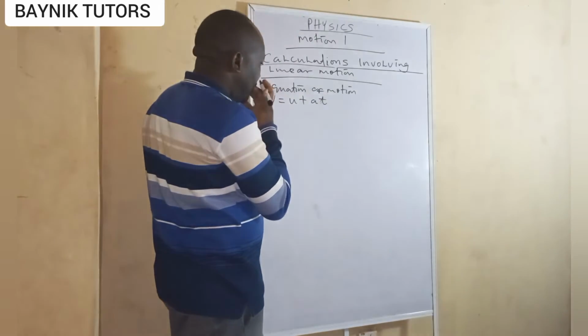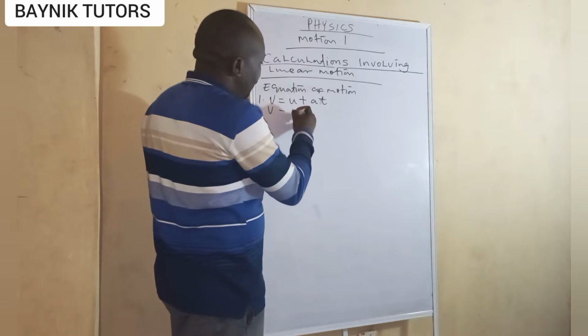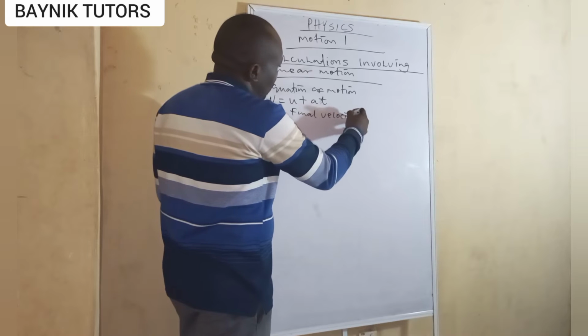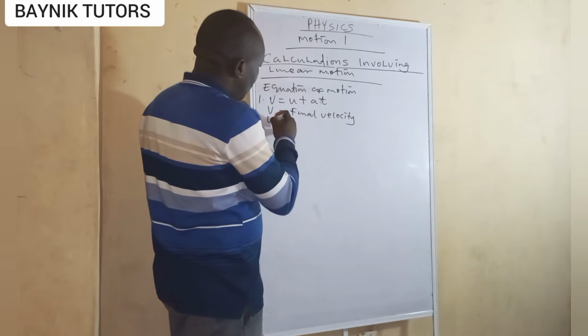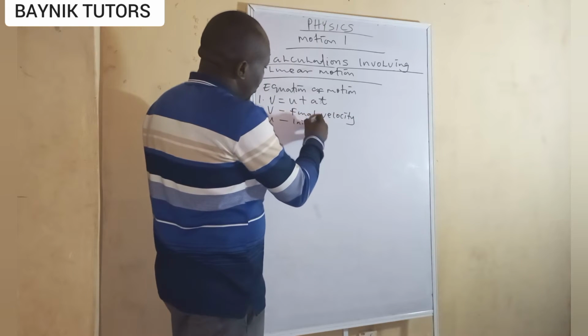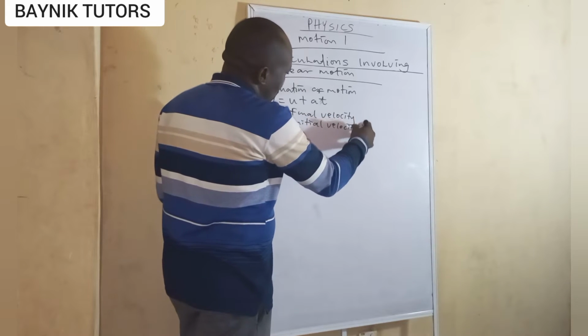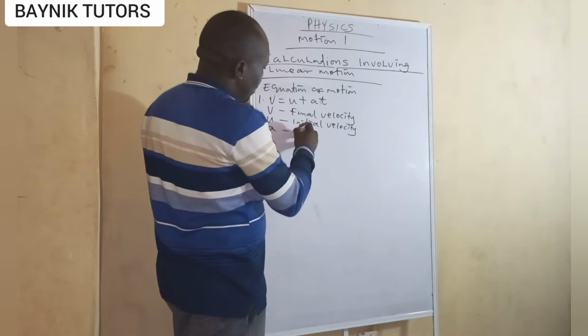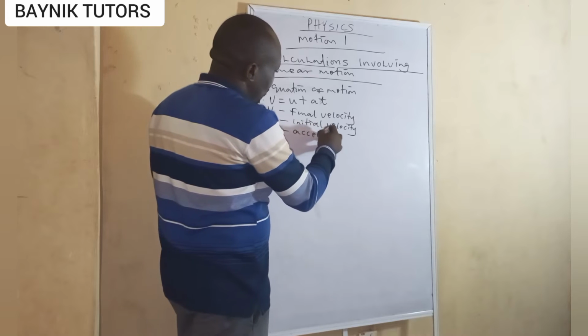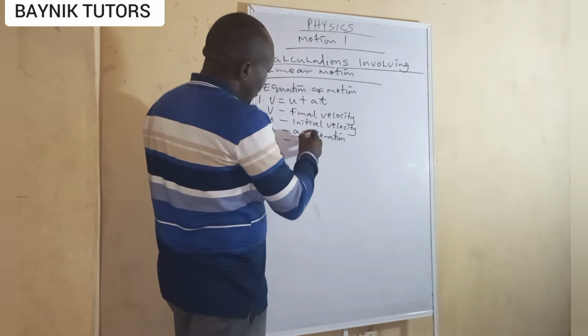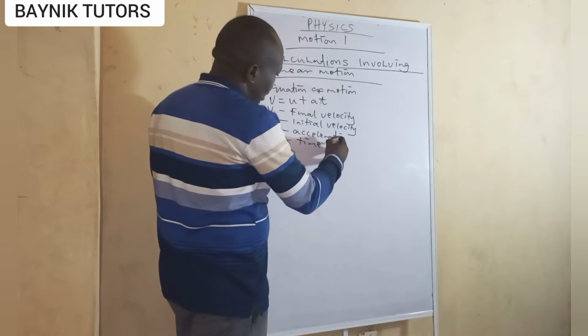Here, my v is the final velocity. My u is the initial velocity. My a is my acceleration. Then t is my time taken.